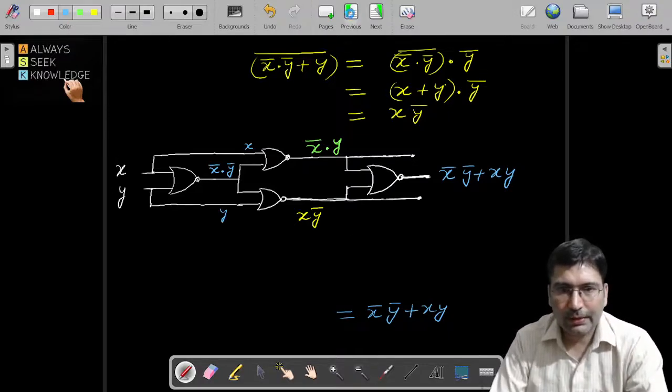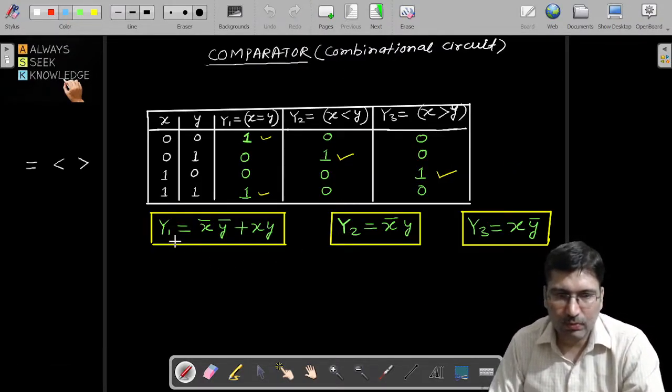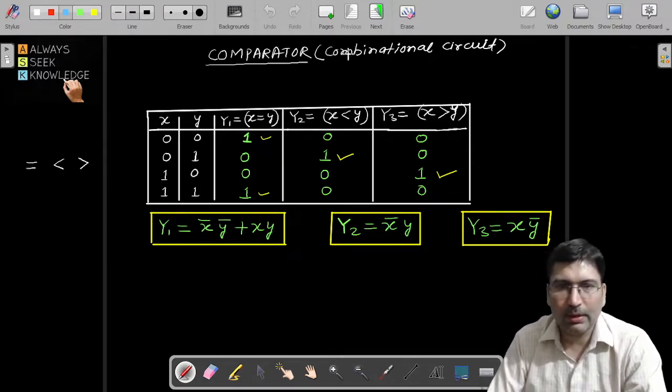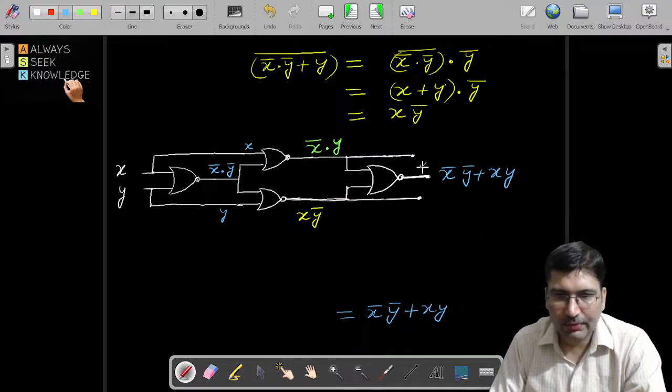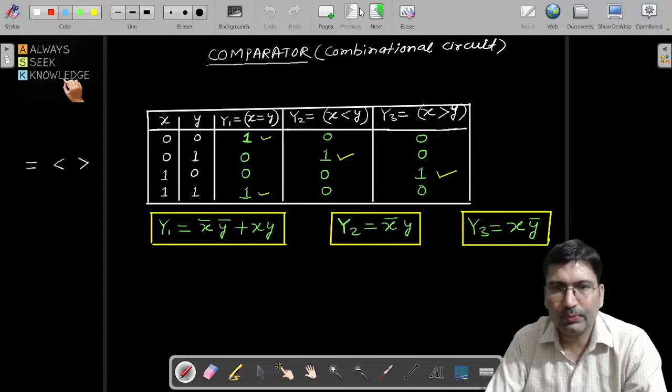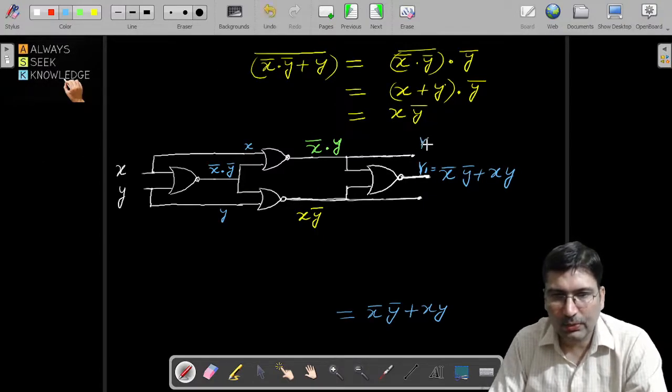So if you look at the previous representation, Y1 is this, Y2 is X bar Y, and Y3 is X Y bar. So this is actually Y1. Now here X bar Y, this is Y2, and Y2 is X bar dot Y, and here we are getting Y3, and Y3 is X Y bar.